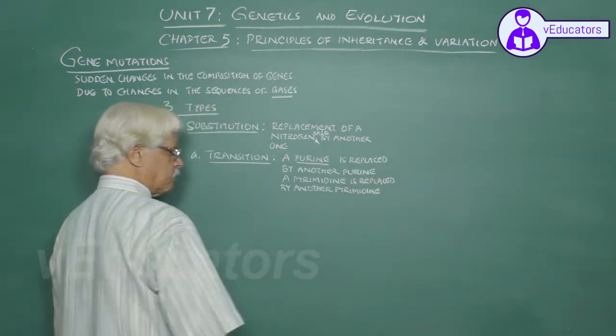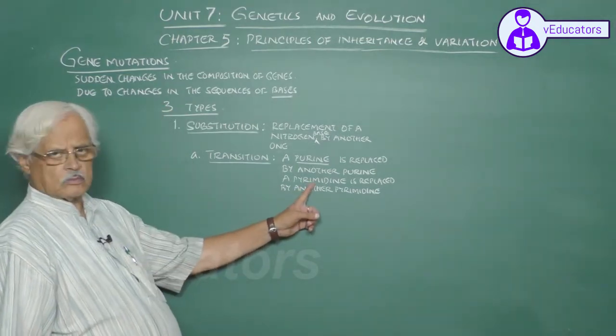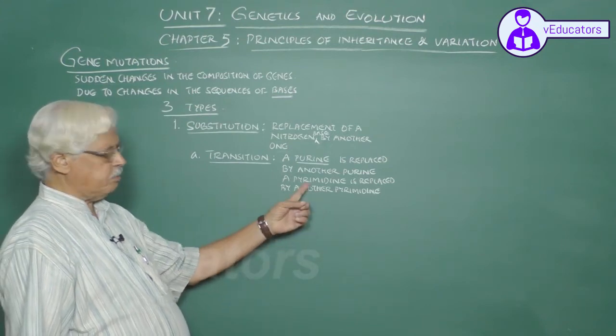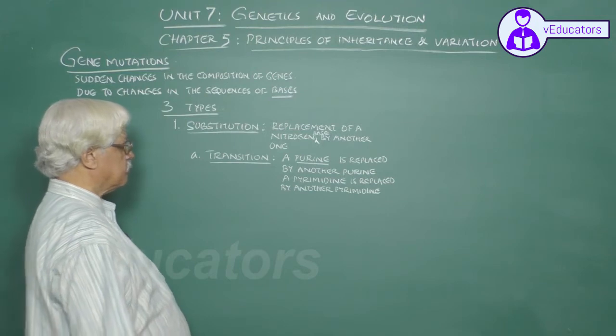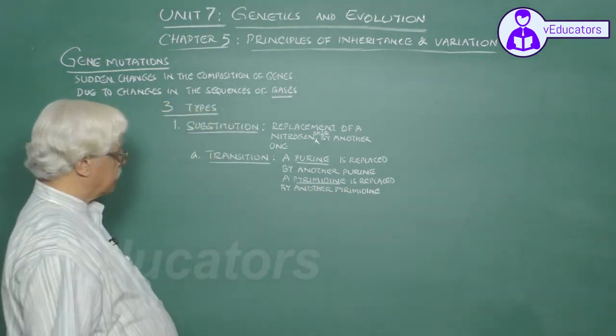In the DNA, cytosine and thymine are pyrimidines. So cytosine may get replaced by thymine, or thymine may get replaced by cytosine. So purine to purine or pyrimidine to pyrimidine.